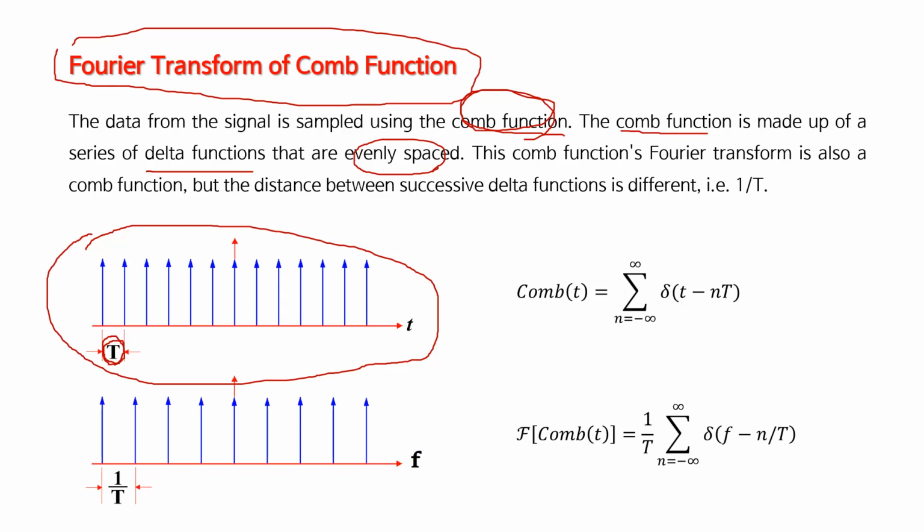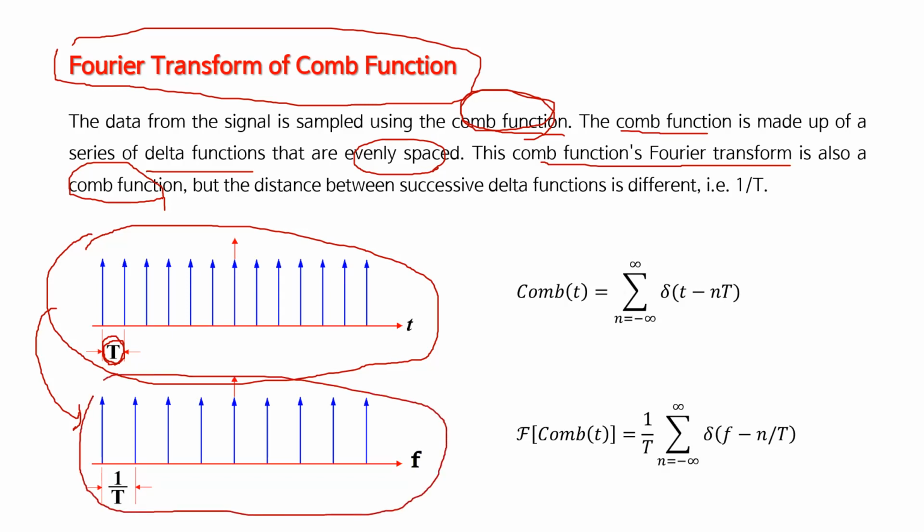This comb function's Fourier transform is also a comb function. So if we Fourier transform this comb function, we have this, which is also a comb function, but the distance between successive delta functions is now 1 over t.